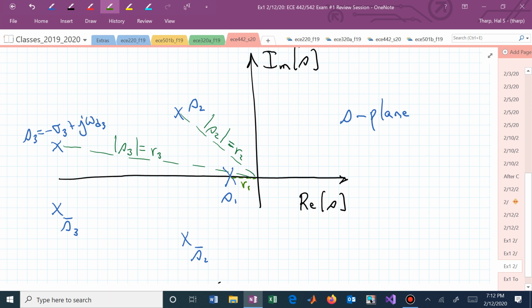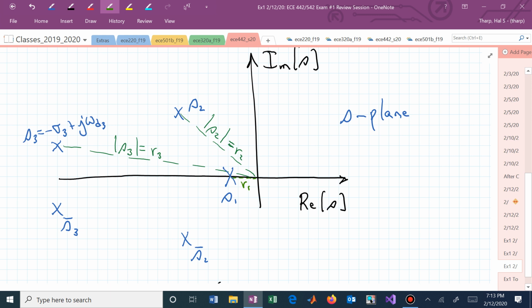S sub 2 is a distance away. That's the hypotenuse that pole S sub 2 is away from the origin. That's R sub 2. S sub 3 has a distance away from the origin of R sub 3. Those are the natural frequencies of those poles, R1, R2, and R3.